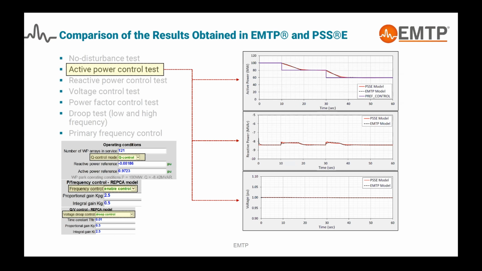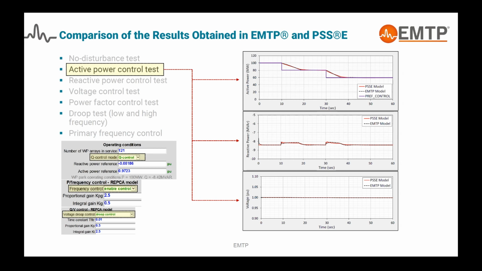Here this purple line is the P reference that we are setting at the PPC. And in terms of response, both models in these different programs responded exactly the same, right? Of course, if you look close, but we can conclude that these models are working very well and in the same way.